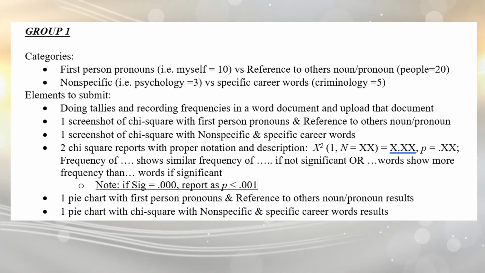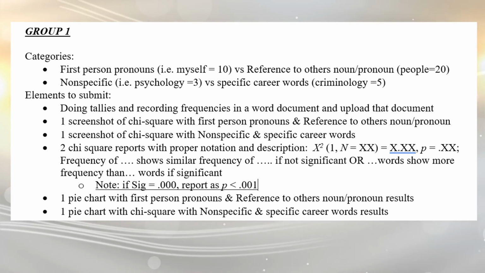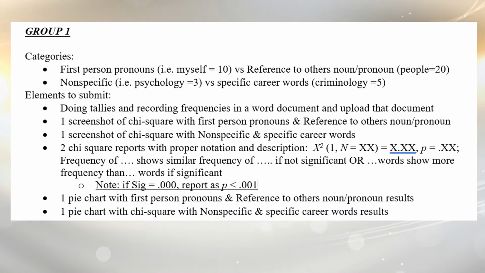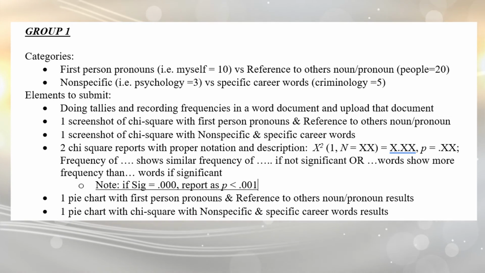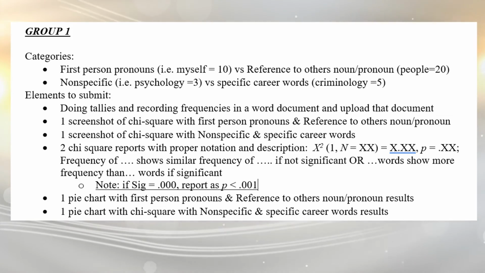You'll want to have a Word document for all of this too, so that you can have a screenshot of your chi-square, 2 screenshots total. And then you'll also need to have the 2 chi-square reports with your notation in it. And then the pie charts.